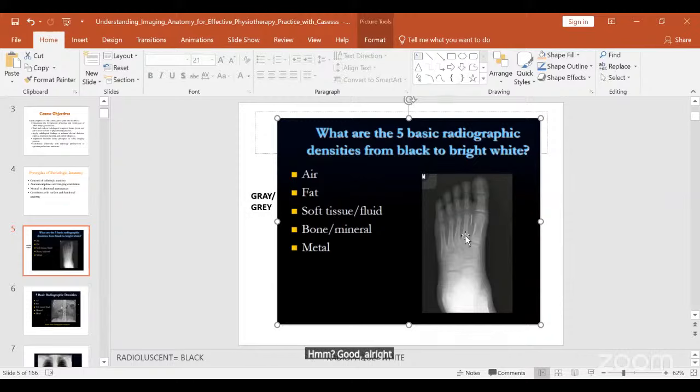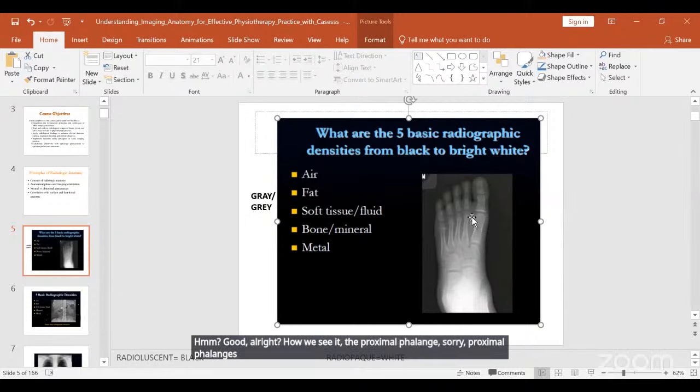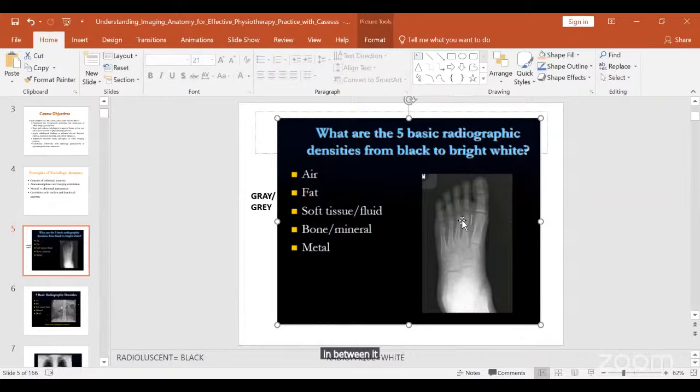All right. Can we see it? The proximal phalanges, sorry, proximal phalanges. Can you see this tiny structure in between it? Yes, sir. Is that normal? No. Good. So what do we suspect that could be? An implant, probably. Implant? Yeah, fine, implant.